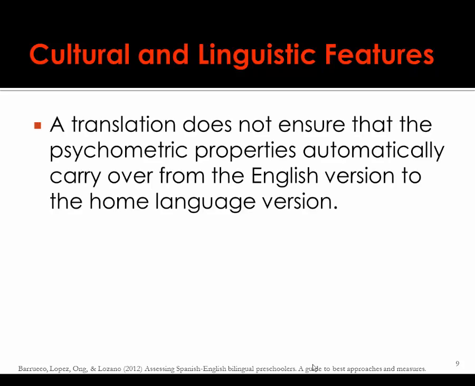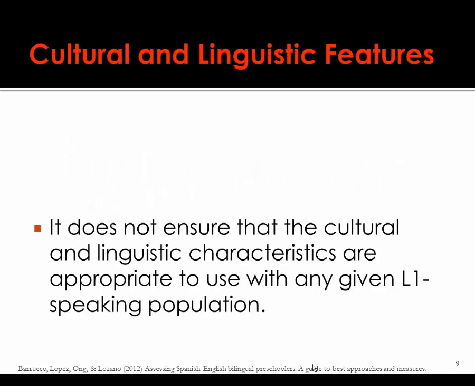One important concept is that a translation never ensures that the psychometric properties from the English version will be automatically carried over to the other language. In addition, a translation does not ensure that the cultural and linguistic characteristics are appropriate to use with any given L1 population, that is, with any given population that speaks another language.